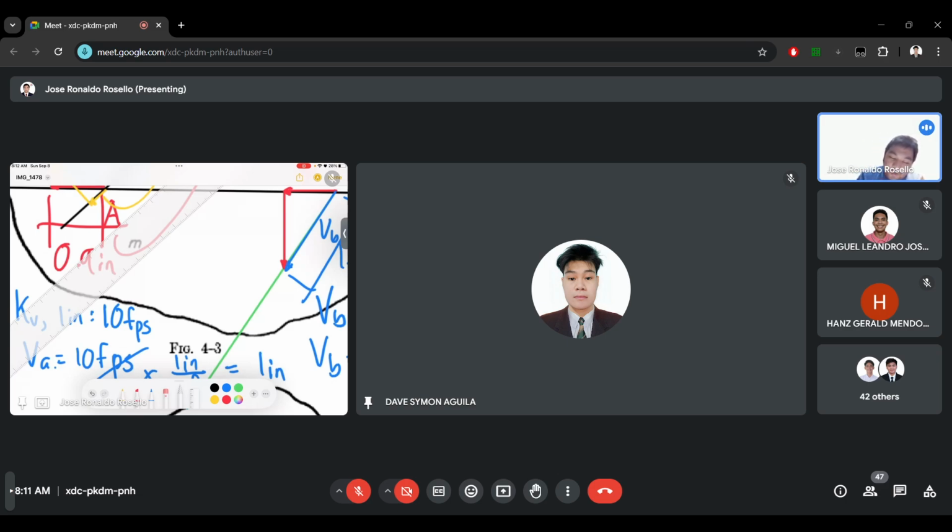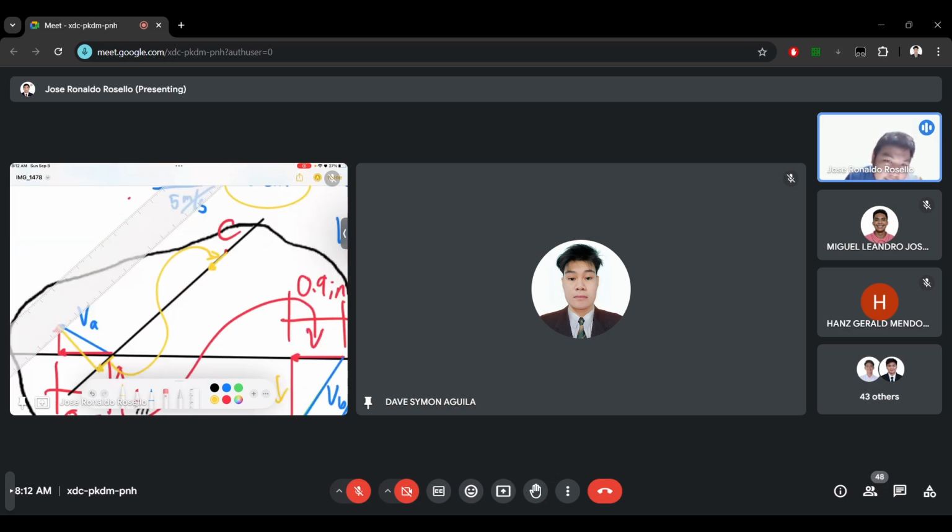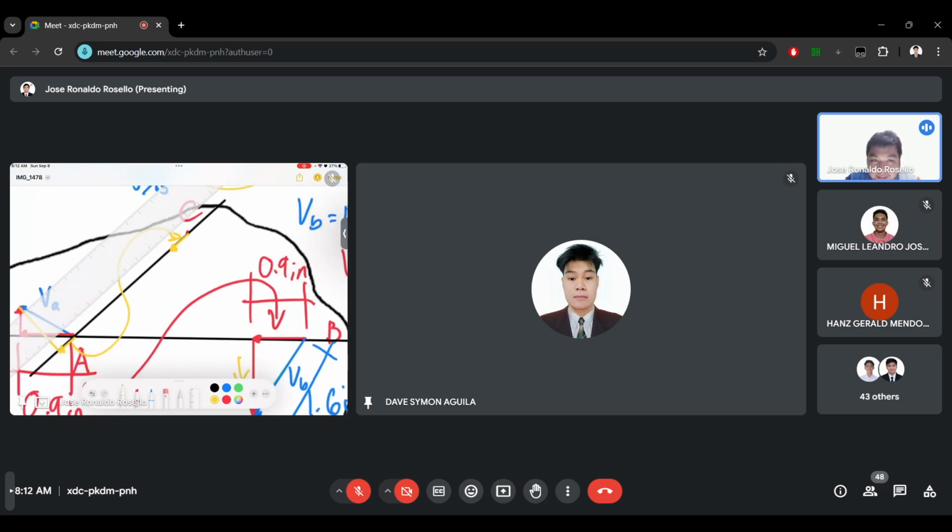So we know where to put the perpendicular line, this one, going downwards. Okay. So we know that this is going downwards because the green line is going downwards. But for this point C, there is no given direction. So for now, let's stop at where we were, and let's proceed in determining velocity C using velocity B.